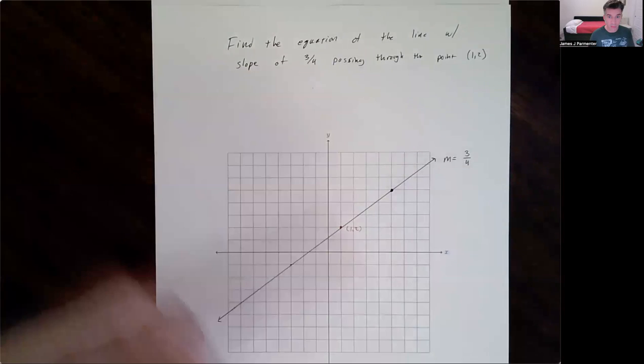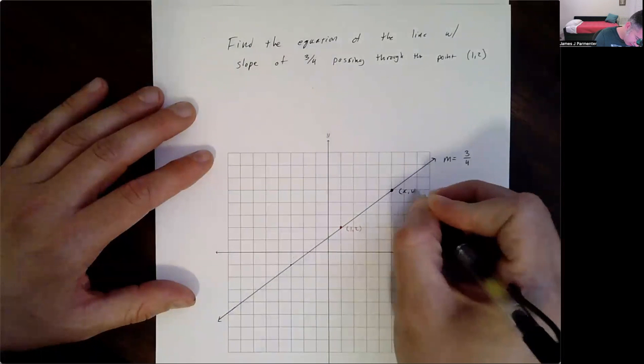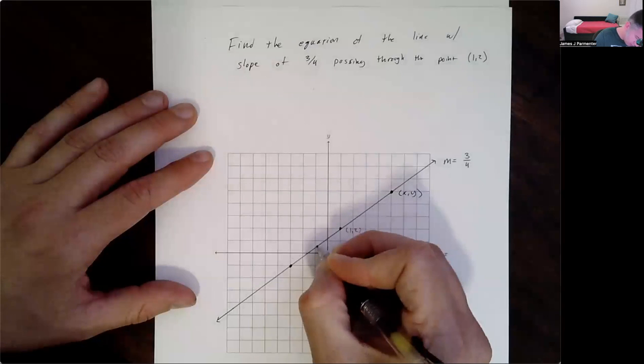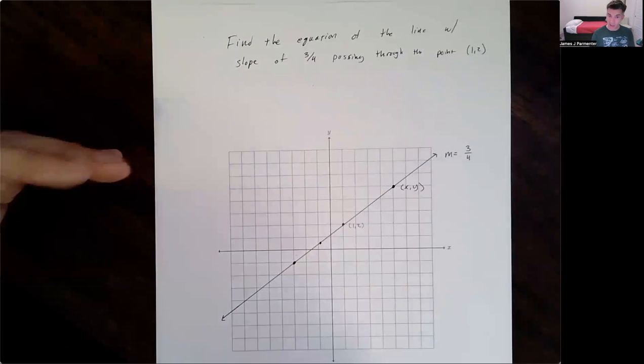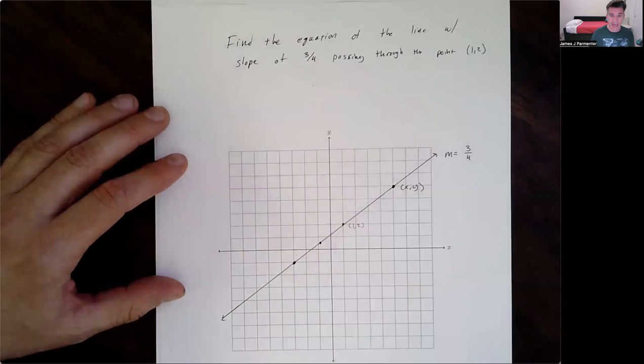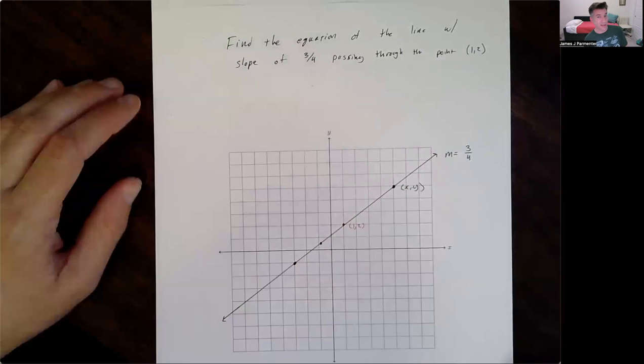And for any other point on the line, this point here, which I could call x, y, or this point over here, or this point over here, no matter what point I pick, the slope between that point and that point has to be equal to 3/4 because they're on the same line. So we're just going to exploit that a little bit.